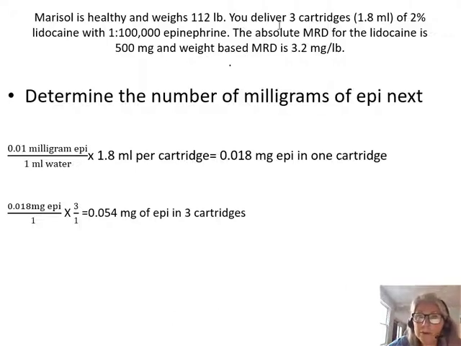We go back, we've delivered 3 cartridges, multiple cartridges we multiply. 0.018 milligrams of epinephrine in one cartridge multiplied by 3 cartridges gives us 0.054 milligrams of epinephrine in 3 cartridges.